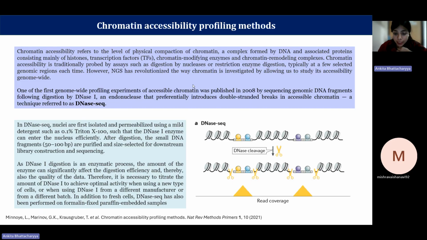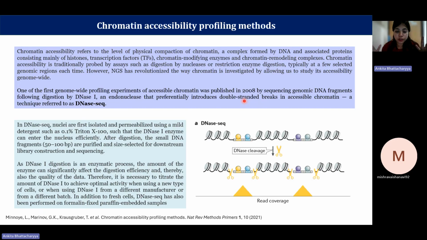So how do you study it? Traditionally it is probed by assays which involve nuclease digestion. We'll discuss some of it today and some of it has already been discussed. So nucleases or restriction enzymes can be used for digestion. Typically, few regions of the genome are explored at a time. But when you go for a high throughput approach, which involves NGS, then chromatin investigation can be done in a more comprehensive manner.